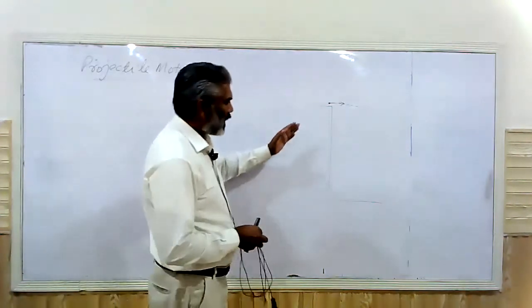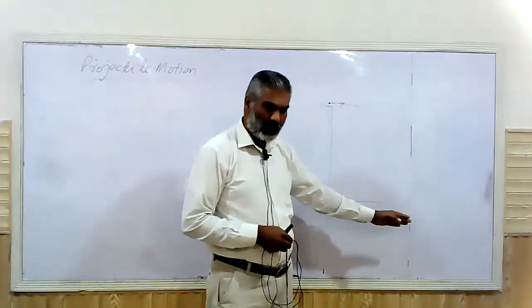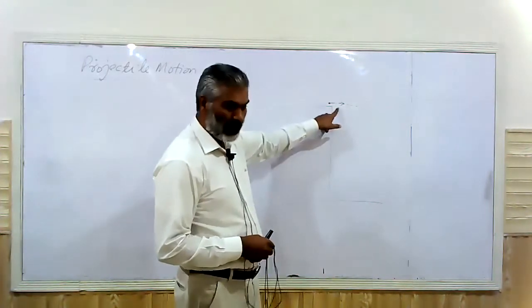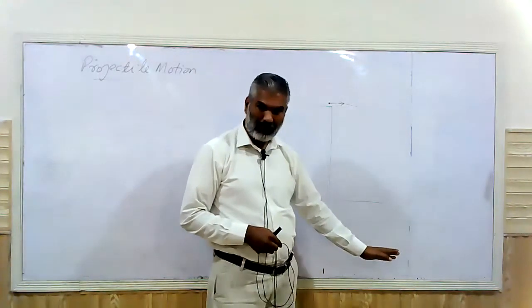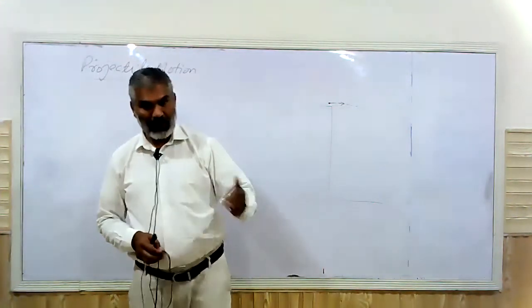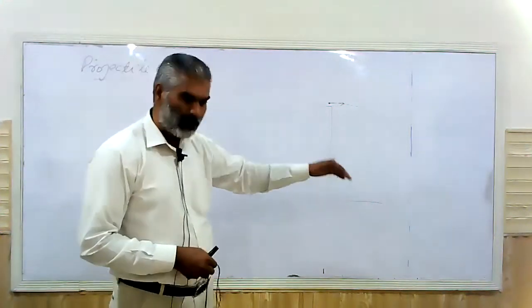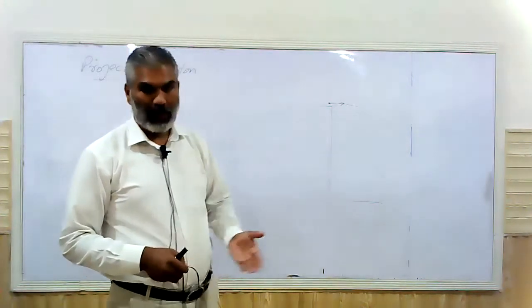And in order to calculate the velocity with which it hit the ground, we need to calculate both components. If this component is already known, the vertical component in the end can be calculated using the first equation of motion, because we know the time it has taken to reach. So V is equal to U plus AT, in which U will again be 0.